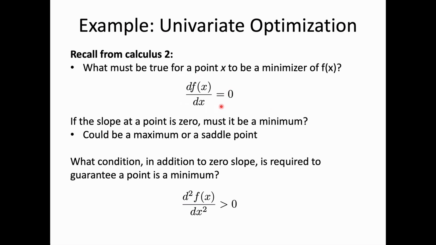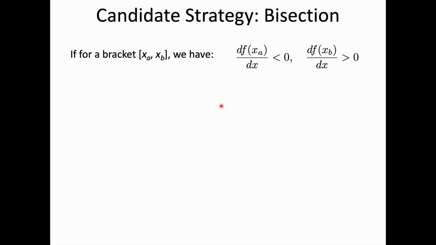Let's go back now to thinking about the bisection strategy, which is part of a larger class of numerical methods called bracketing methods, because it relies on a bracket, a lower and upper bound that describes some domain of interest, in this case, the input variable to the function f of x.